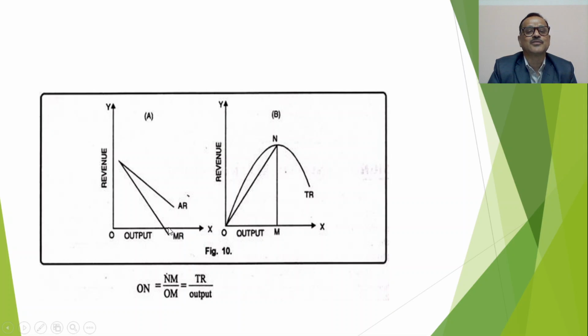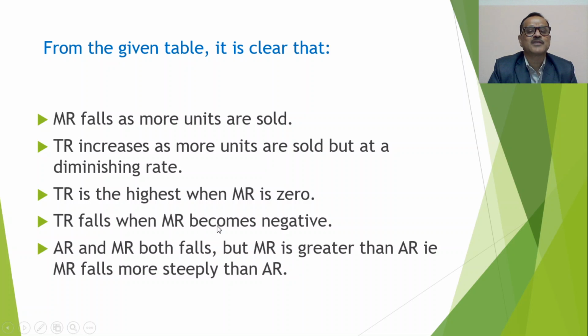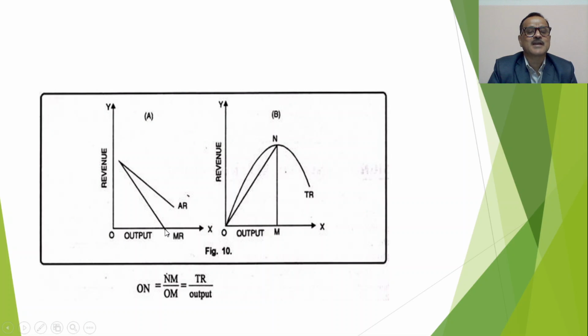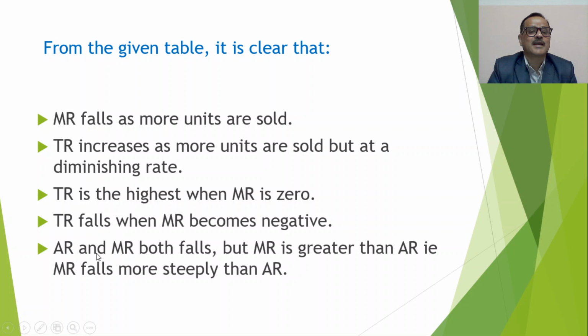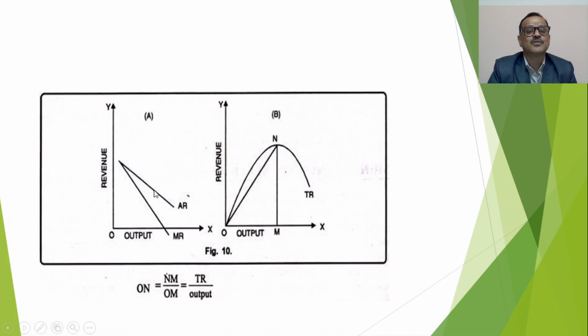MR is 0. TR falls when MR becomes negative. When MR starts coming below the axis, TR starts falling down. AR and MR both fall, but MR falls more steeply than AR. So the rate of falling of MR is greater or steeper than the rate of falling of AR. Okay.